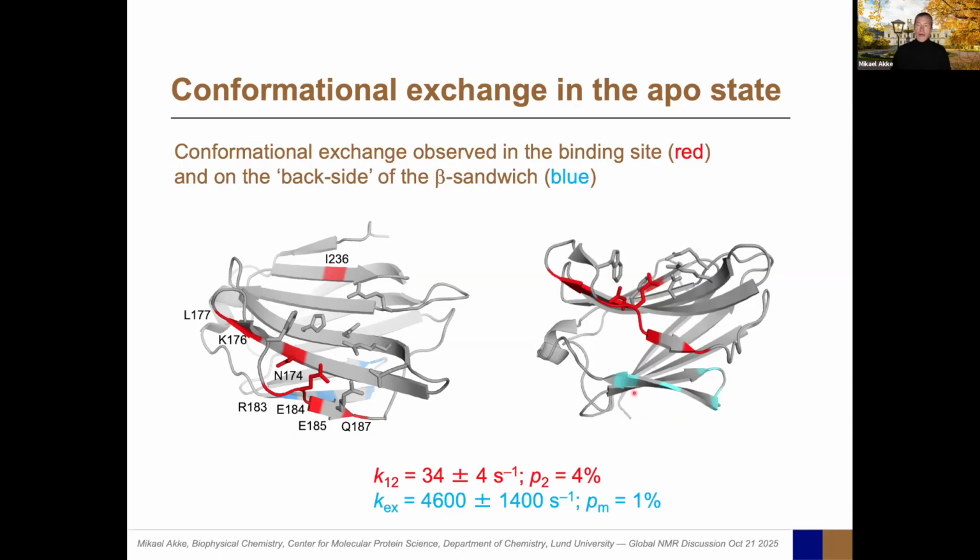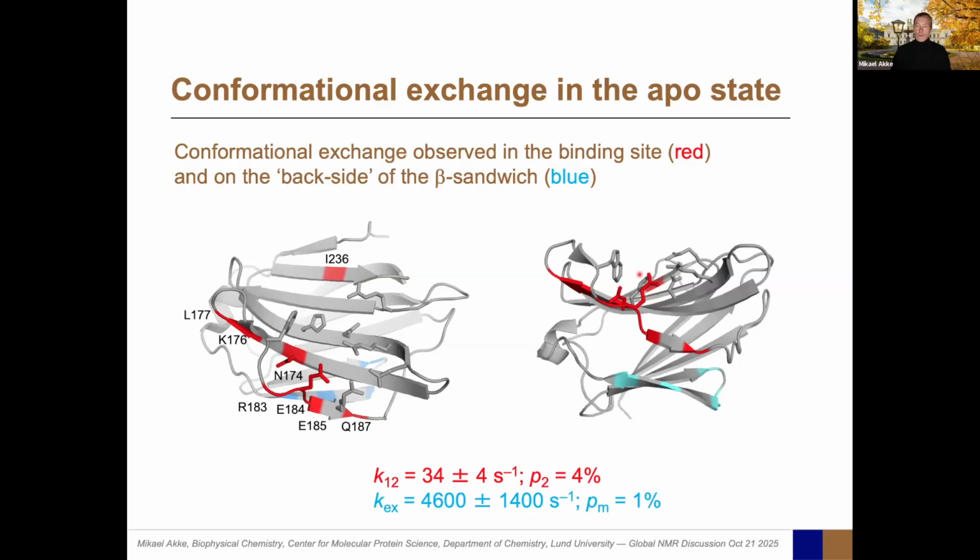And they have actually different exchange rates. So the blue one is a very fast process with a very small population of the higher energy state. Whereas this one here is much slower. It's only 34 per second, and it's a 4% relative population of some alternative high energy state.